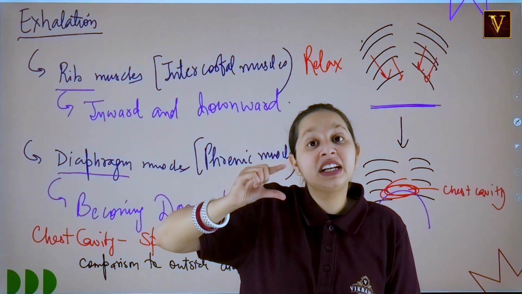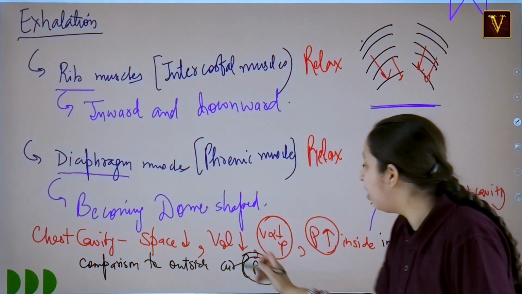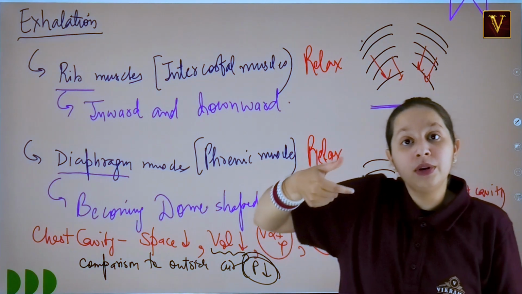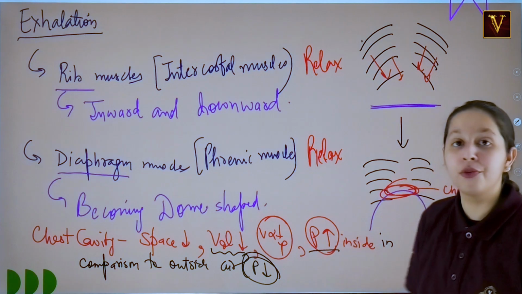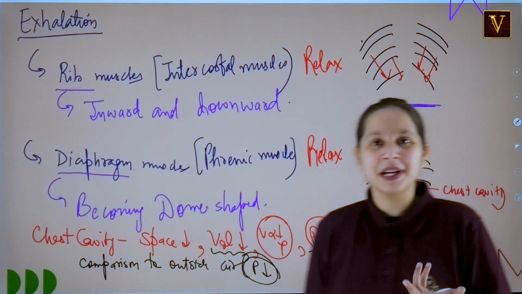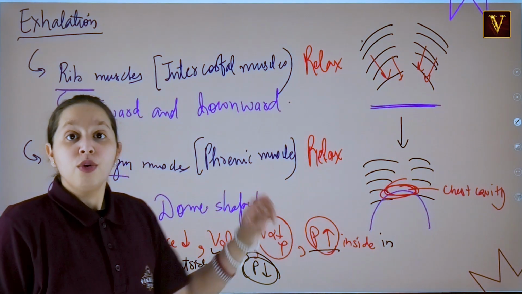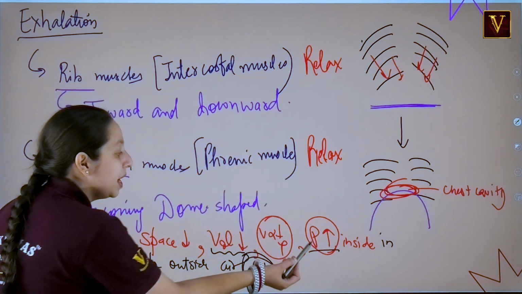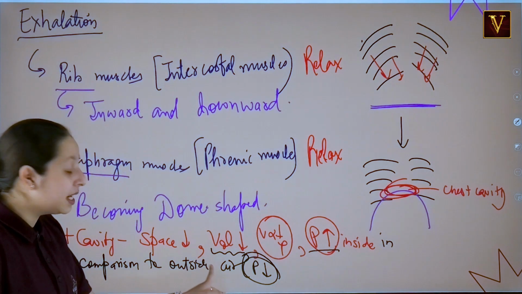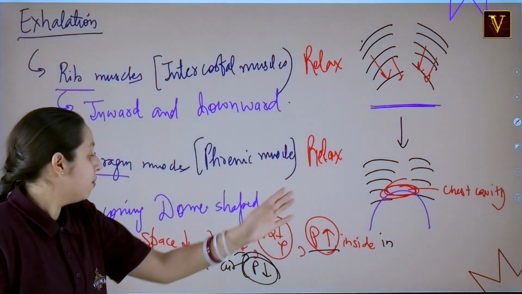Why? Because you have decreased the volume. Less volume, high pressure. So pressure is more. Got it? It can also be understood this way. When volume is less, pressure will be high. So pressure is high inside in comparison to outside air, where it is low.